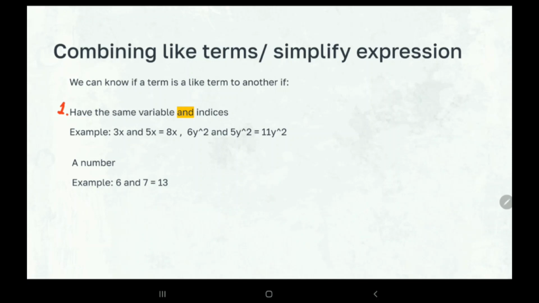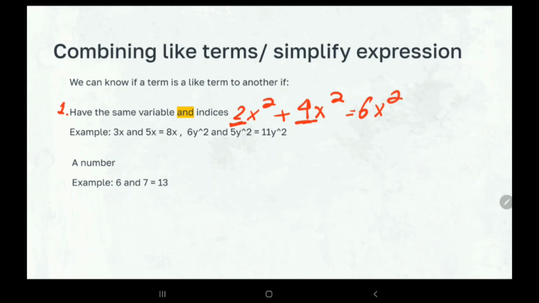For example, 2x squared and 4x squared are like terms. Even though the coefficients are different, they still have the same variable of x and the indices of 2. If we combine them, it would be 6x squared.